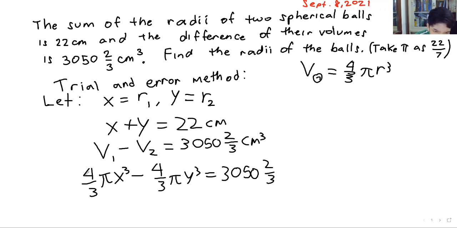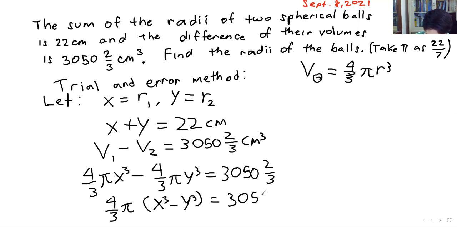Okay. So we can factor out this 4/3 pi, so we can remove it later. It's 4/3 pi times x cubed minus y cubed equals 3050 and 2/3. To cancel this out, we need to find the reciprocal, so we can multiply on both sides. 4/3 pi is also equal to 4 pi over 3.